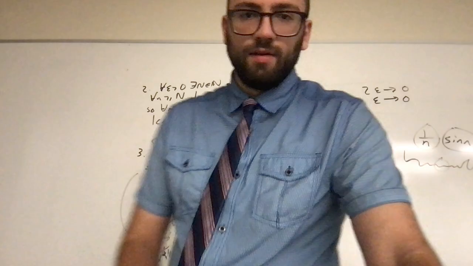So we know that for all epsilon greater than 0, there exists an N natural number such that for all n greater than or equal to N, |x_n minus a| is less than epsilon. So we have that.